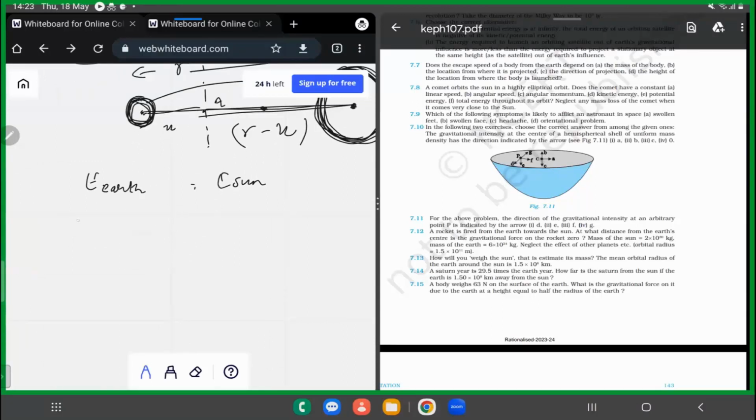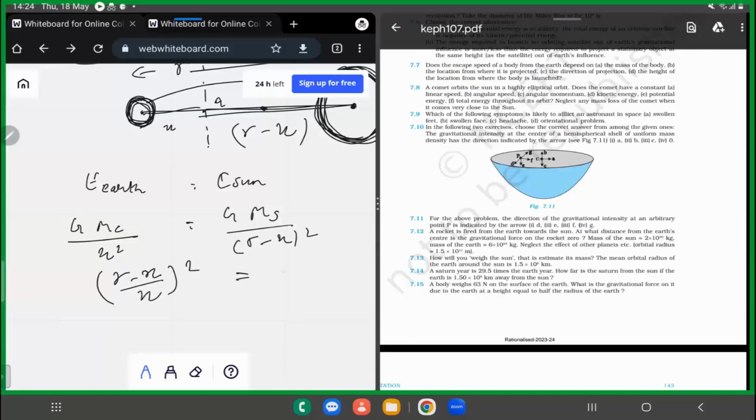If we put the values, G times mass of earth upon x square equals G times mass of sun upon r minus x whole square. So if you rearrange, r minus x upon x whole square equals mass of sun upon mass of earth.